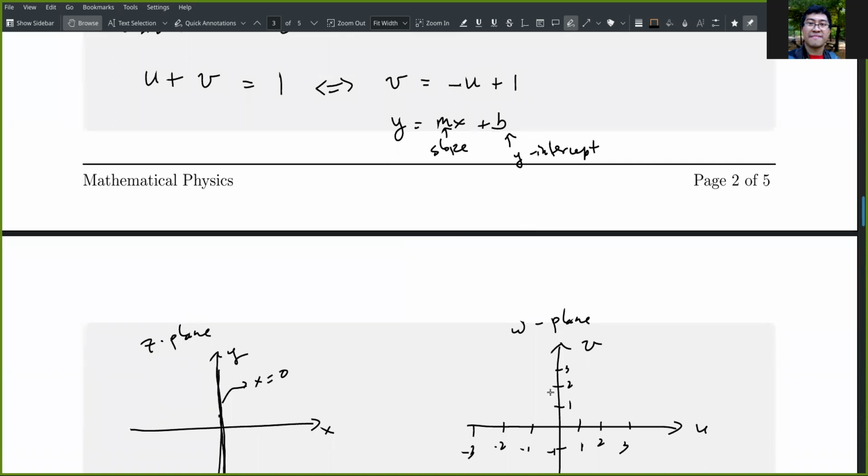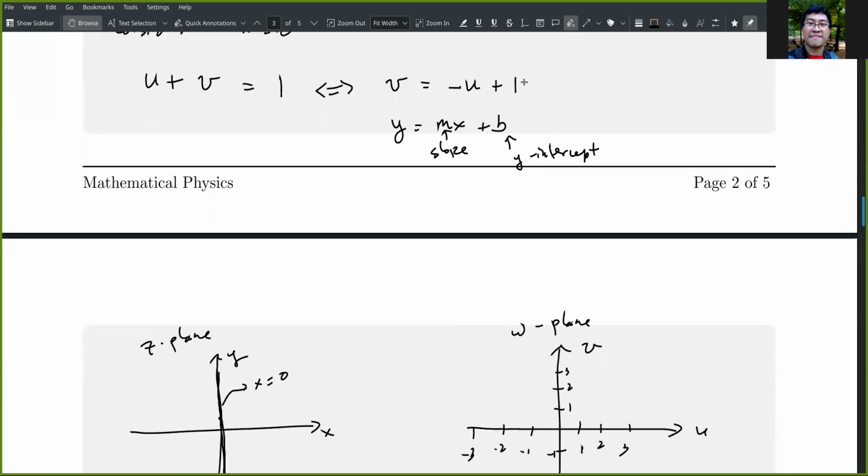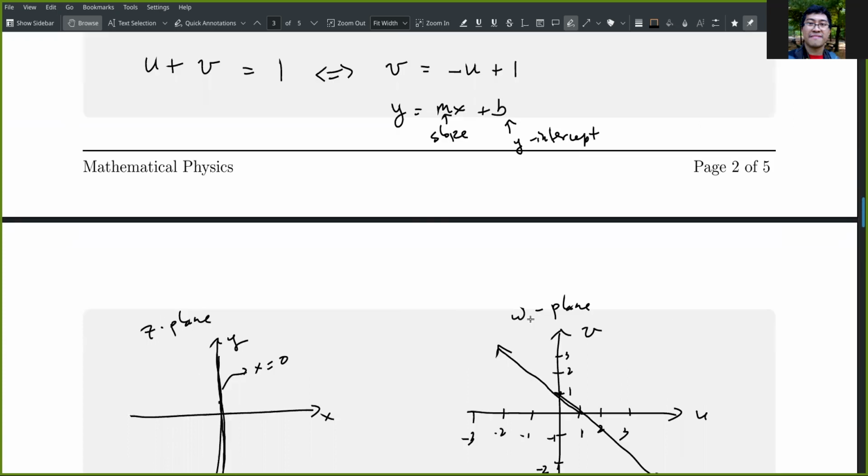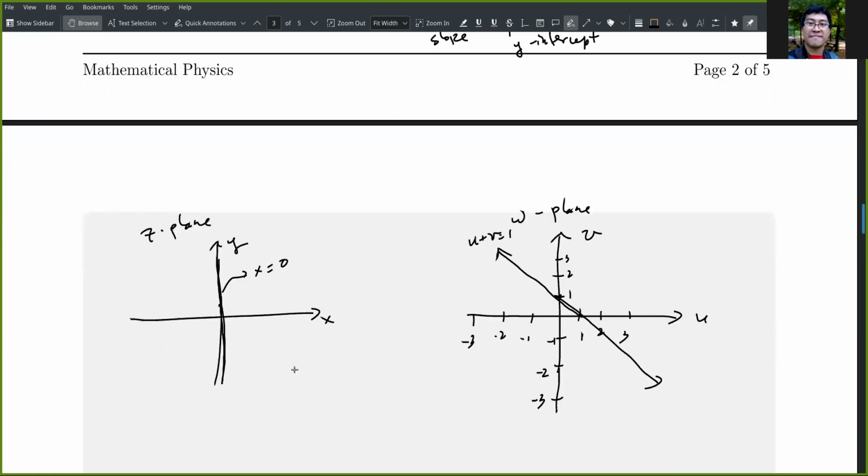The slope is negative, so it slopes downward, passes through v equals, if u is 0, v is 1, so it passes through here. It slopes -1. It would pass through u equals 1. So when v is 0, u equals 1. So passing through here. And it's a straight line, so it would look something like this. So that's our u plus v equals 1, corresponding to the x equals 0 line.